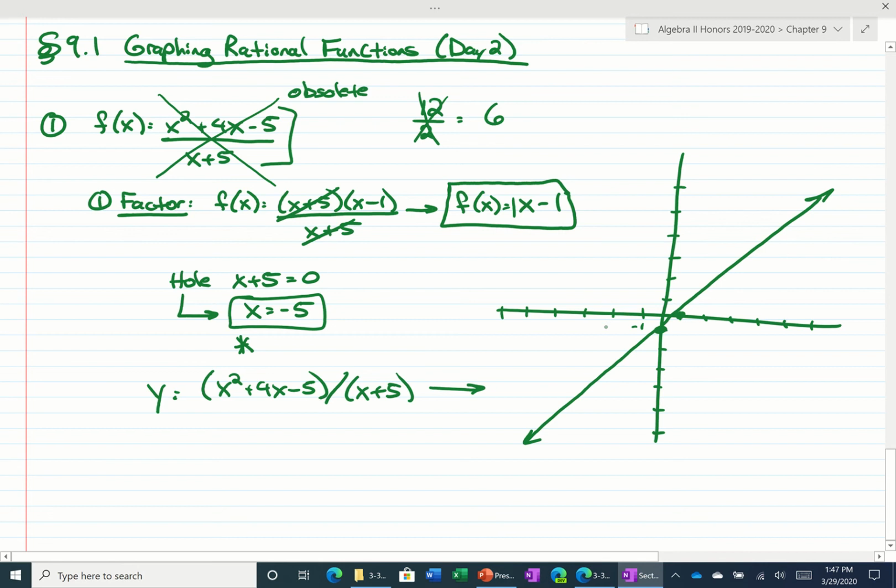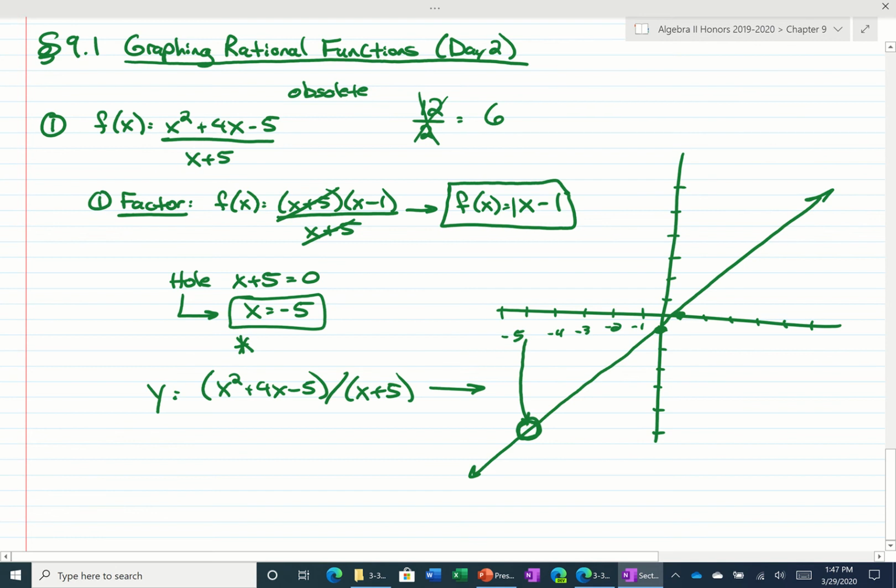So this is negative 1, negative 2, negative 3, negative 4, negative 5. I'm going to go down to the graph, and I'm going to put a hole right there at negative 5. The reason why we do that is this line represents all possible xy solutions that would satisfy the original problem.